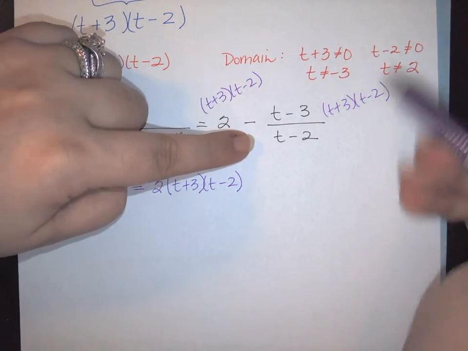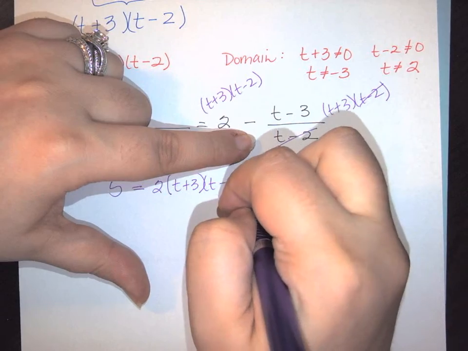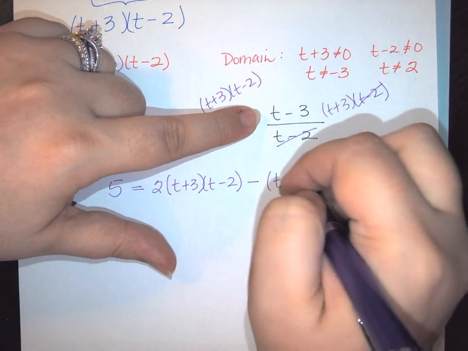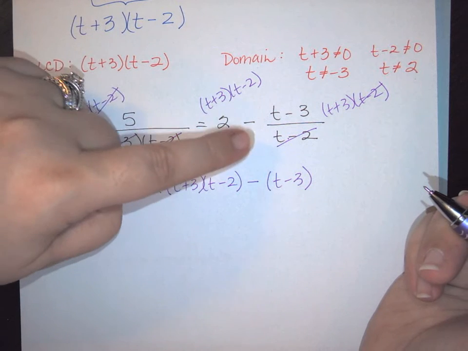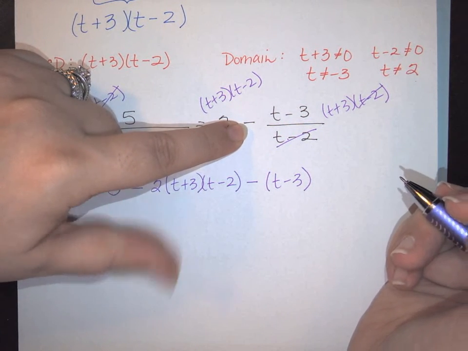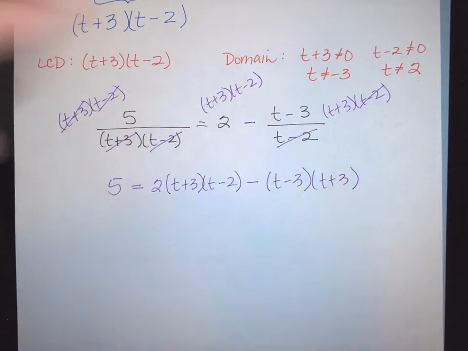In the last one, if you notice, my denominator is t minus 2, so that goes away. Leaves me with subtraction, and in this case I'm going to put this t minus 3 in parentheses because I have to apply that subtraction to it, and I have not done that yet. Now the other thing that was left was the t plus 3. Okay, so I have multiplied through.